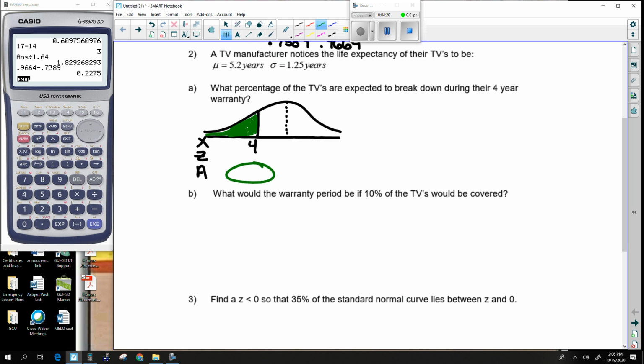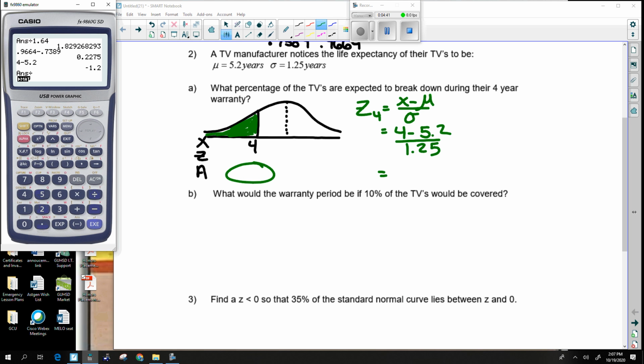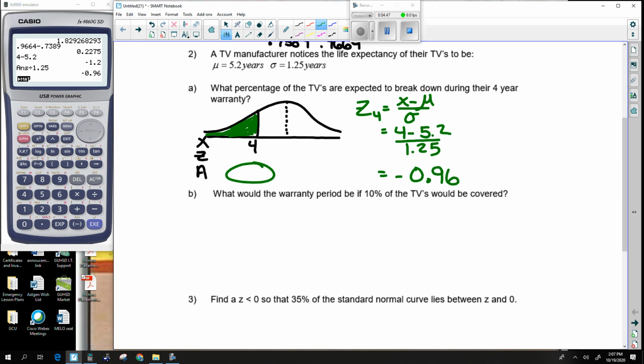So in this situation, I need to begin with the z-score. So what is the z-score of 4 years? Okay, so I have the z-score.